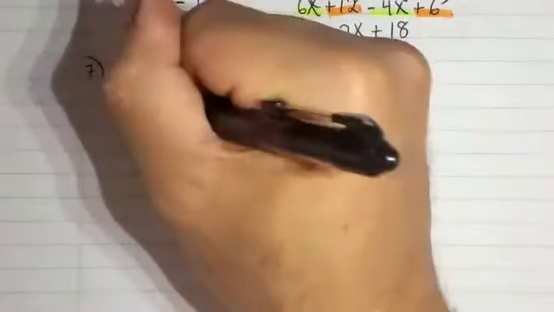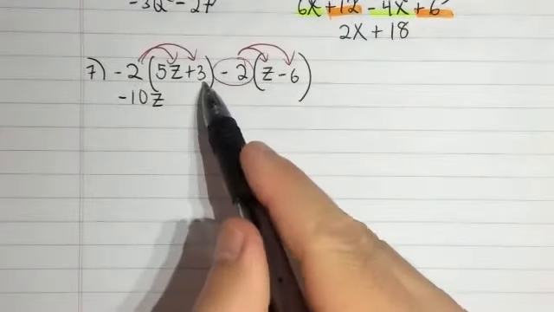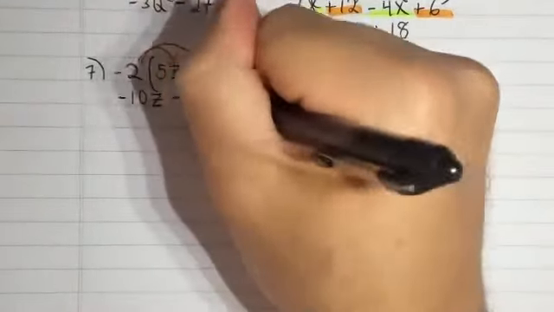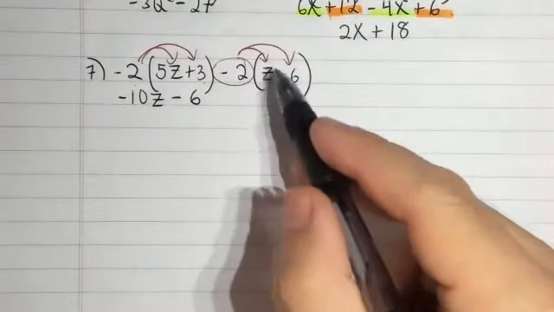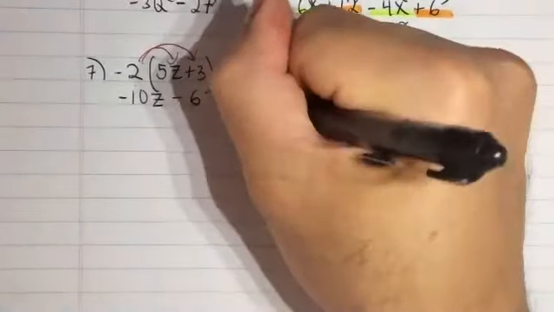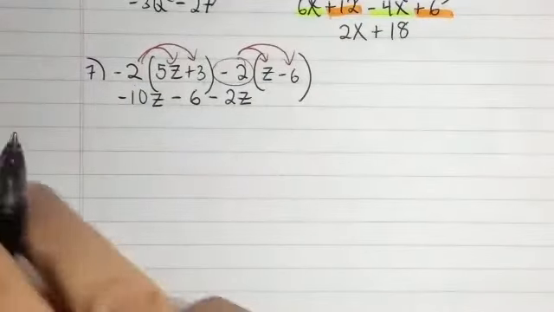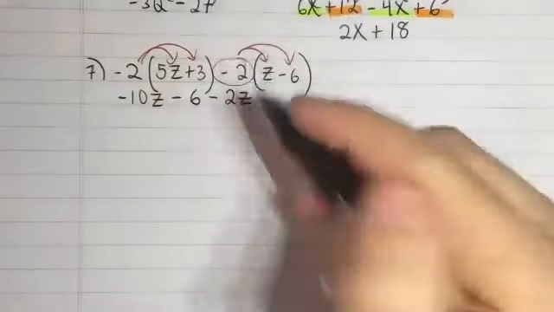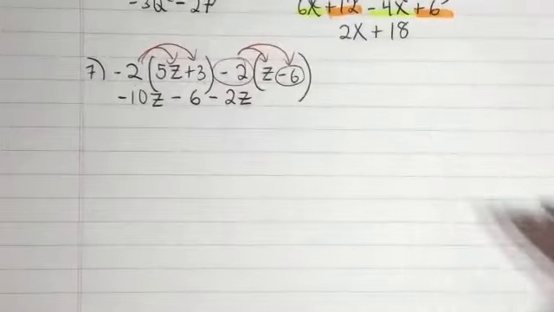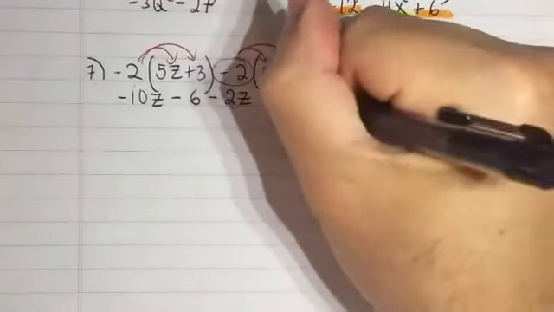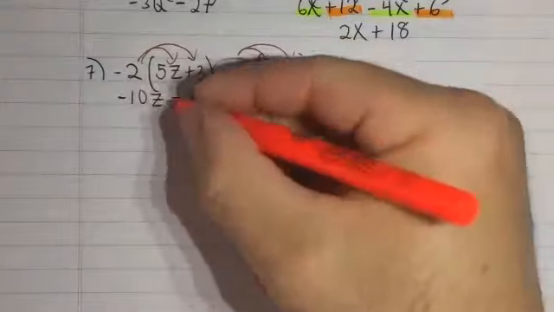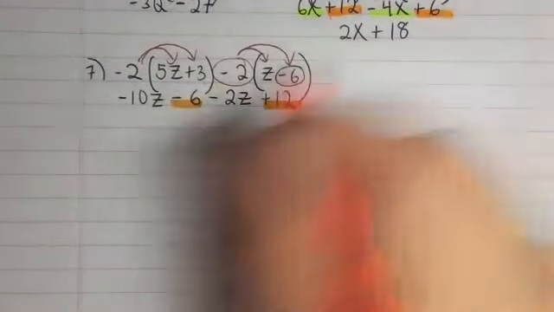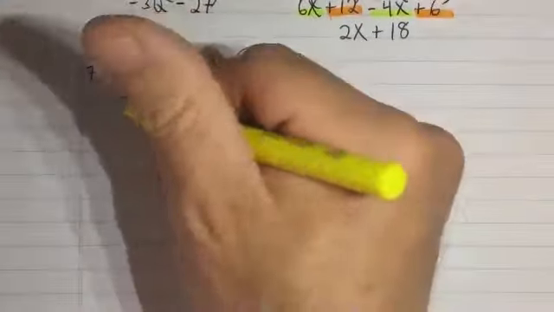Negative 2 times 5z gives me a negative 10z. Negative 2 times a positive 3 gives me a negative 6. Moving on to this expression here, negative 2 times z is a negative 2z. And again, be careful. We are doing a negative 2 times a negative 6, which would give me a positive 12.